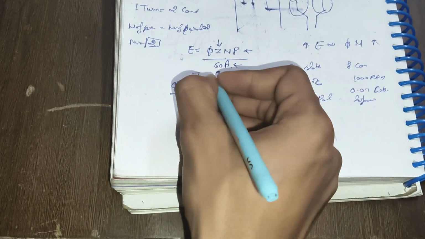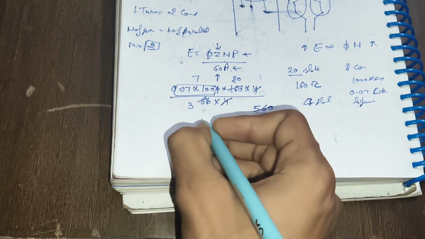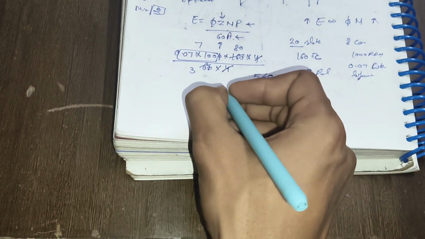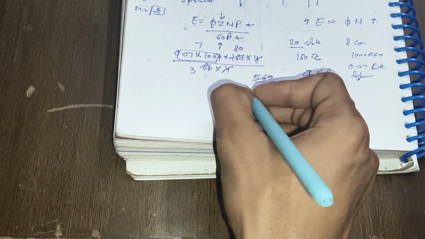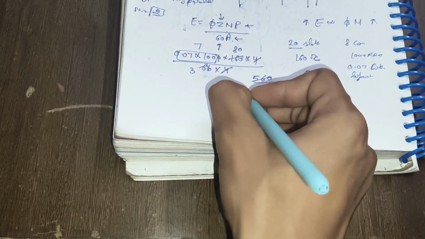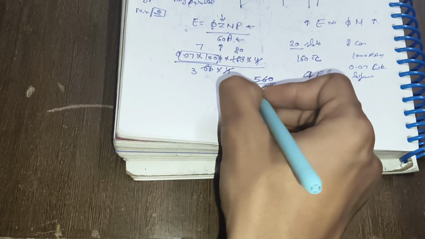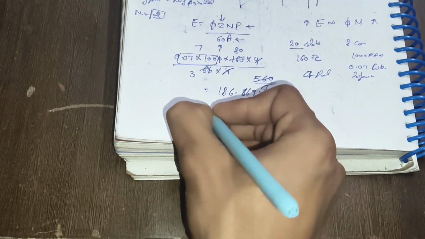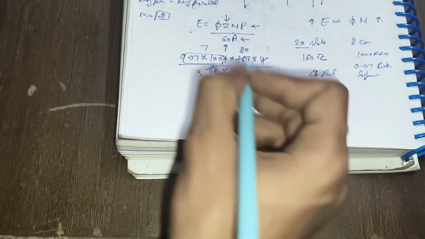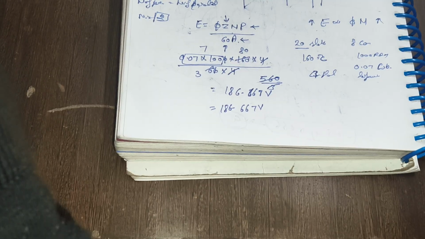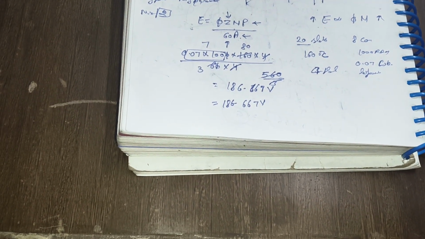That results in 75603. So the EMF induced will be 186.667 volt. This is how things are done.